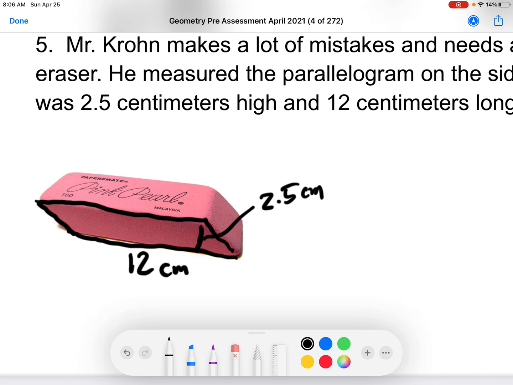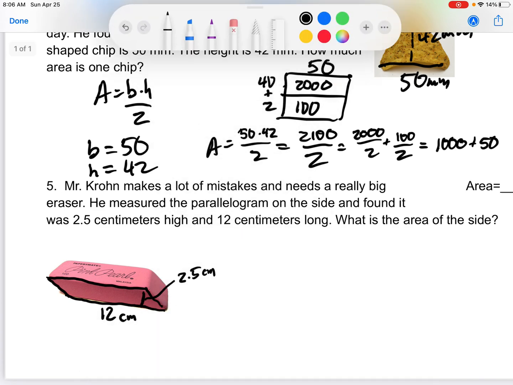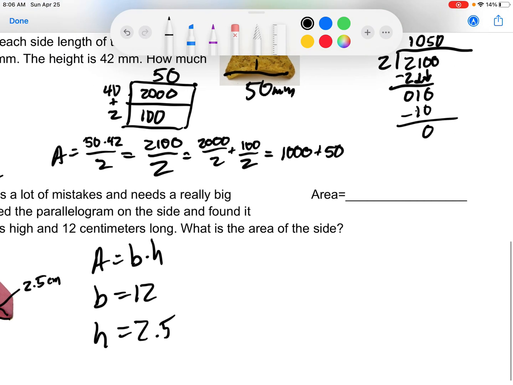There we go. So let's find the area of that parallelogram. Area equals base times height. Base equals 12 and the height equals 2.5. So the area of this is 12 times 2.5.